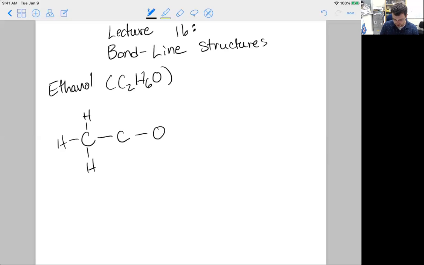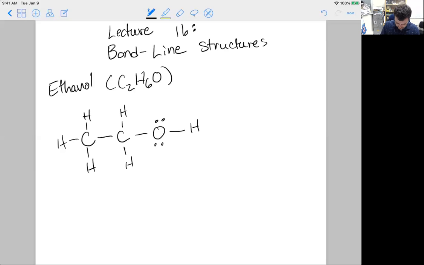So we're going to put 3 of the hydrogens around the first carbon, 2 around the second carbon, and then 1 around the group 6 element oxygen. And it's a group 6 element, so for it to have an octet, it will only need to bond to 2 different elements because it has 2 lone pairs of electrons. Okay, sorry about that.